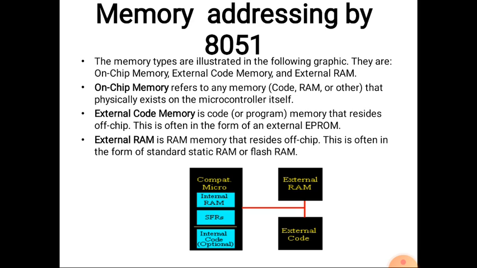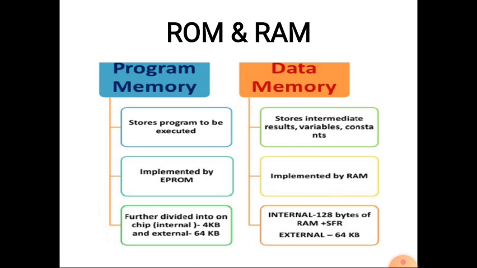The total memory of an 8051 system is logically divided into program memory and data memory. Program memory stores the programs to be executed. The data memory stores data like intermediate results, variables, and constants required for the execution of the program.